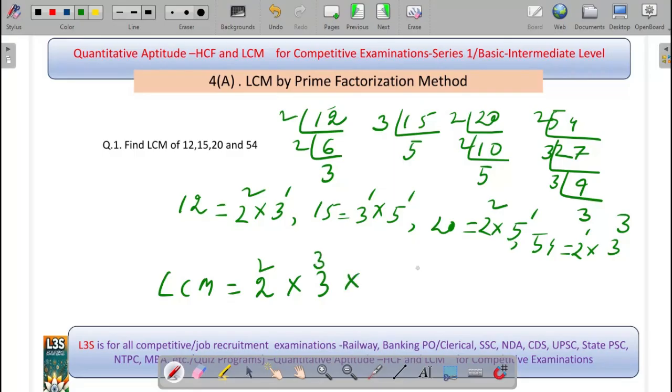And 5: 5 to the power 1 here, 5 to the power 1 here. So 5 to the power 1. If we multiply this, we will get 540. So that will be the LCM of 12, 15, 20 and 54.